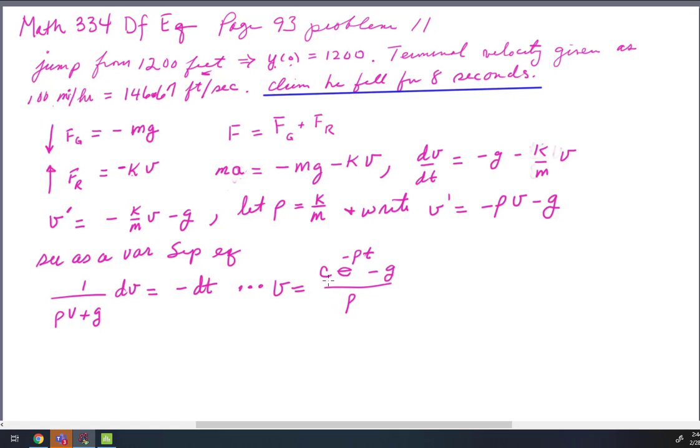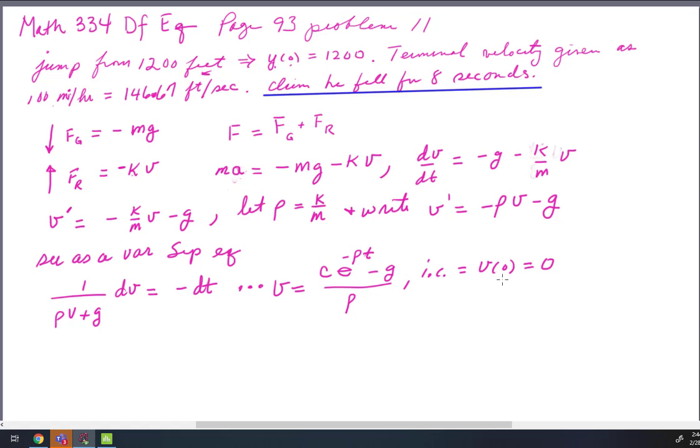And this is a general solution because it has an arbitrary constant c in it, but we know that we have an initial condition, and the initial condition would be that the downward velocity at time 0 would be equal to 0. The parachutist jumps from an airplane, and the airplane, when you jump, is easily assumed to not have vertical motion.